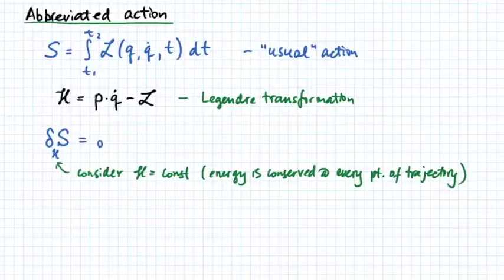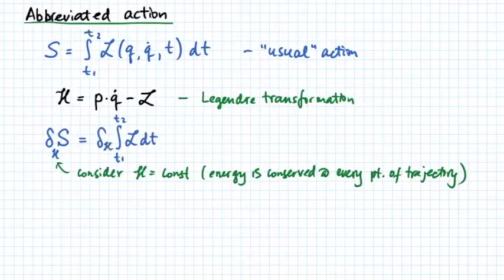Then we can write the variation of our integral from t1 to t2 of the Lagrangian dt, with a subscript h, and we will substitute for the Lagrangian the expression in terms of the Legendre transformation. Then we end up with two terms.